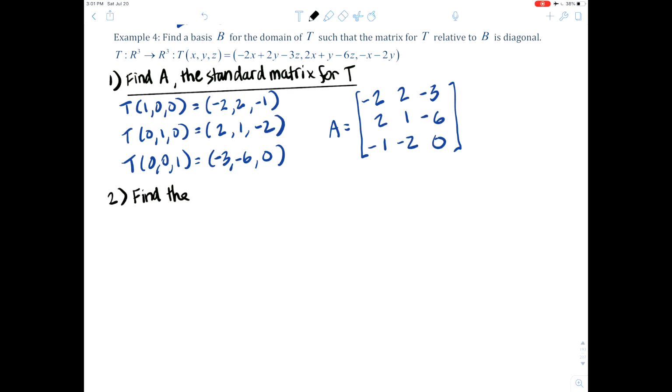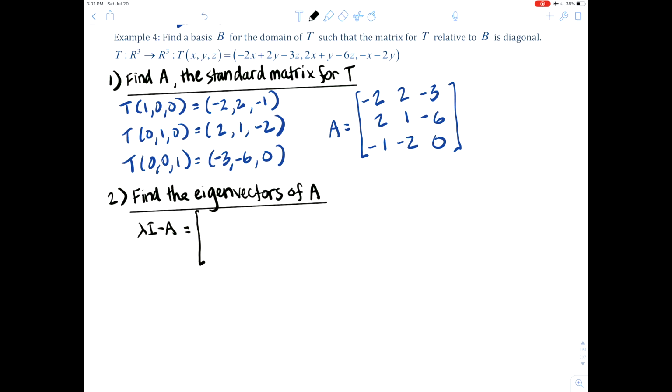So our second step is we need to find the eigenvectors of A. Okay? Well, remember, finding the eigenvectors, we have to do a few things, right? So we need what? We need to know what is lambda I minus A, right?